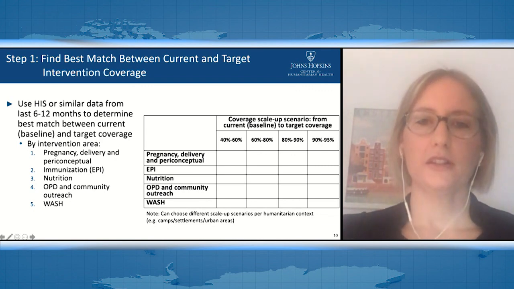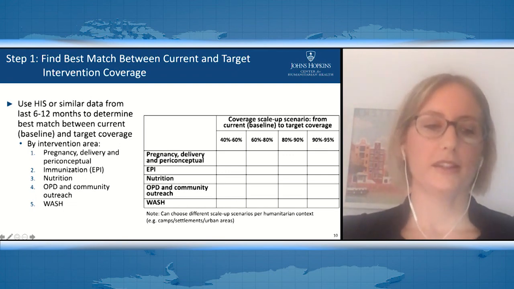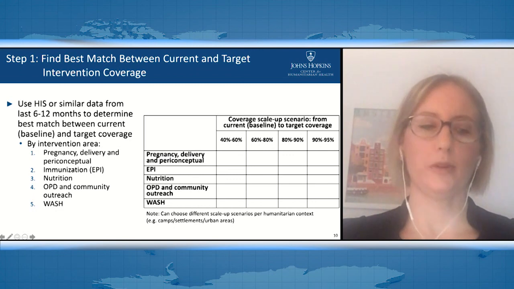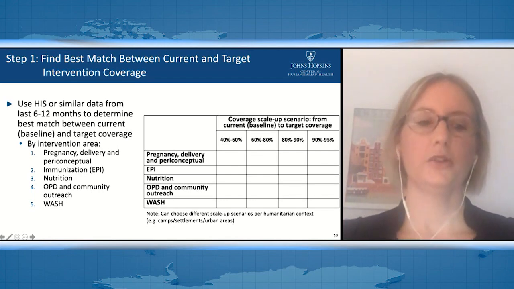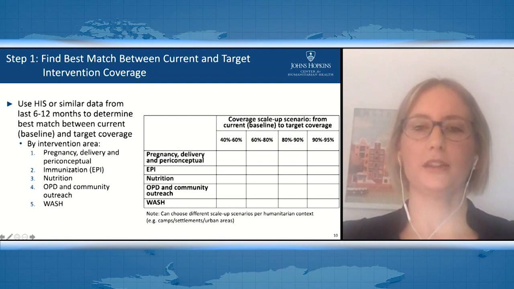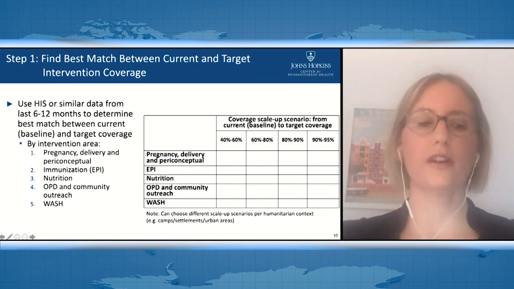As Paul mentioned, we've organized the 60 plus interventions into 5 intervention areas: pregnancy, delivery, and periconceptual, EPI, nutrition, outpatient and community outreach, and WASH. For each intervention area, you choose a coverage scale-up scenario. So you're going to choose the coverage scale-up scenario that best represents your current coverage for the majority of interventions that are included in that area.